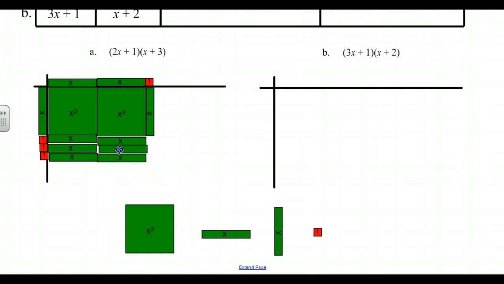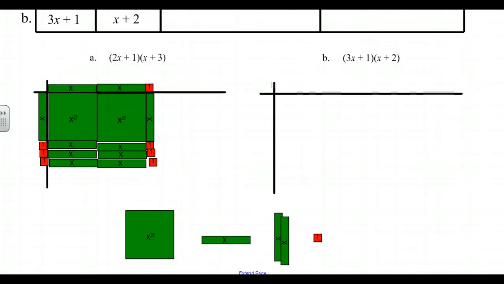Clean this up a touch. And then we've got this little strip to fill in here. Well, I can't fit an x in there. See? Look, x, too big. Okay, so let's put that back. But I can fit some 1s in here. So 1, 2, 3.